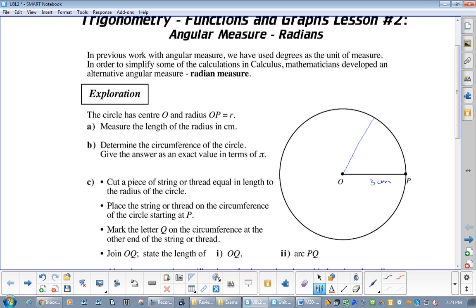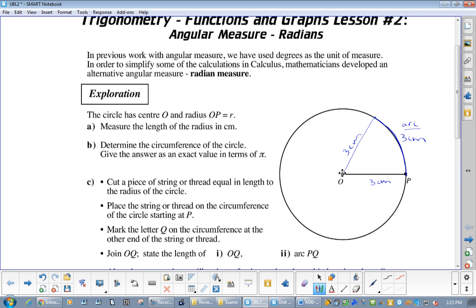Because what I just drew is another radius, this would be 3 centimeters. But an actual radian, this would also be 3 centimeters. So a radian is where all 3 sides are basically the same length. Now this is called the arc. It's not a straight side, but it will be 3 centimeters.